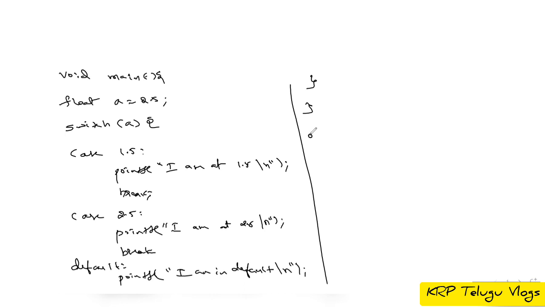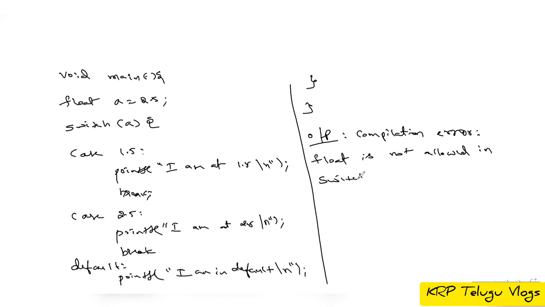Very good, very good. Output is compilation error. Float is not allowed in switch, as it contains precision.